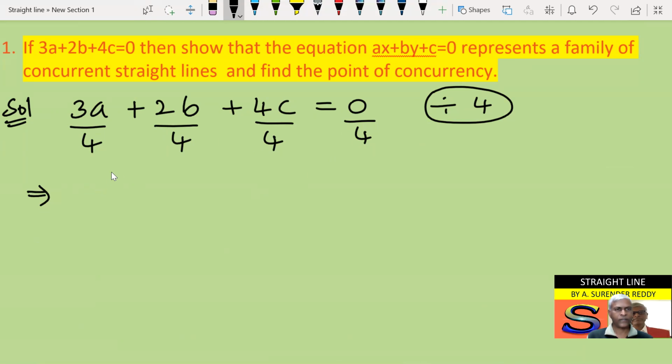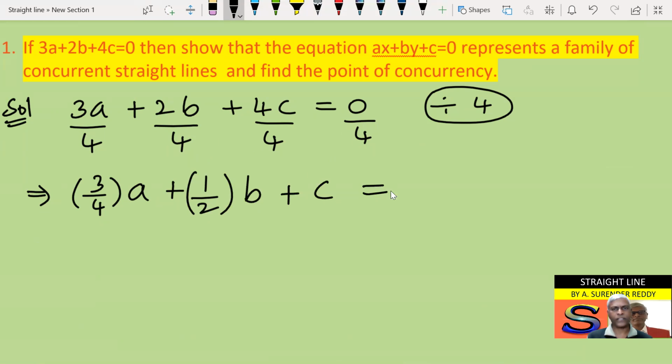So this is 3 by 4 a. So this is 1 by 2 b. 4 will get cancelled. This can be written as 1 by 2 into b plus c by 4 is 0.